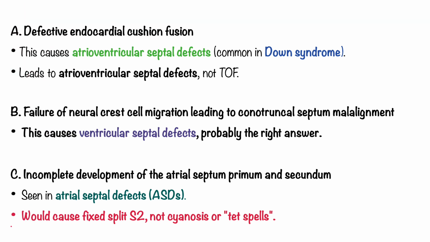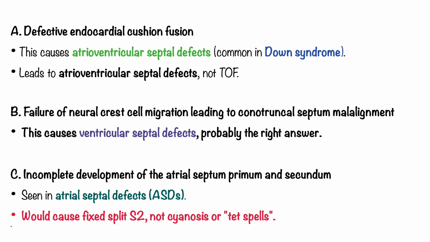Defective endocardial cushion fusion. This is actually seen in atrioventricular septal defects, which is common in Down syndrome, not in tetralogy of Fallot. The option B is failure of neural crest cell migration leading to conotruncal septum malalignment. This causes ventricular septal defects, right? So it is probably the right answer. And then incomplete development of the atrial septum primum and secundum, it will lead to atrial septal defects, obviously.